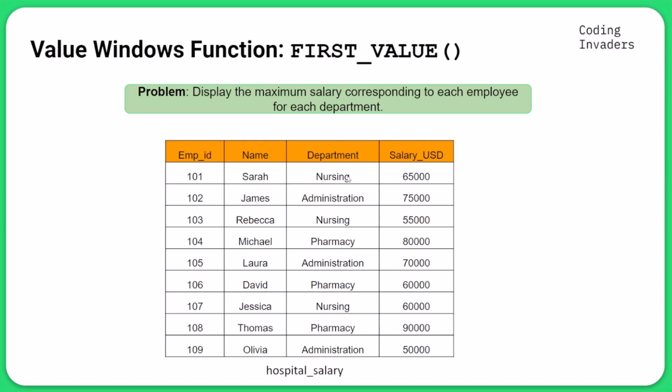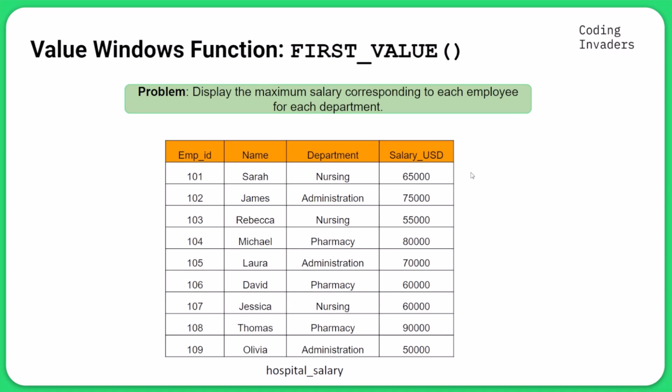For the nursing department, we have 3 employees, Sarah, Rebecca and Jessica. The maximum salary across these 3 employees is for Sarah, which is 65,000.